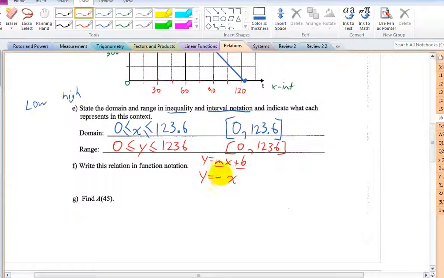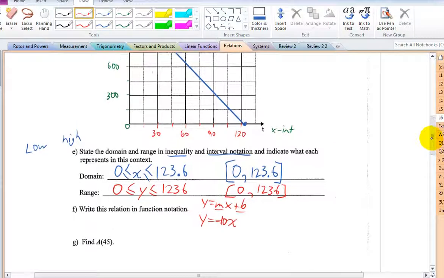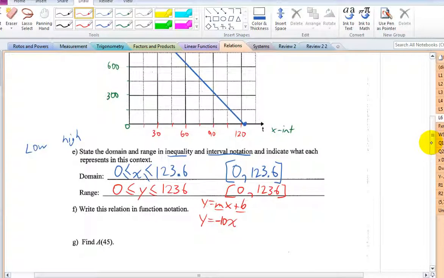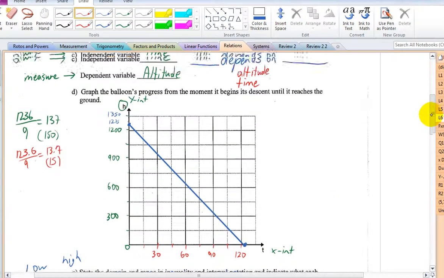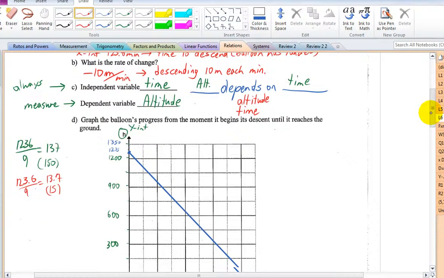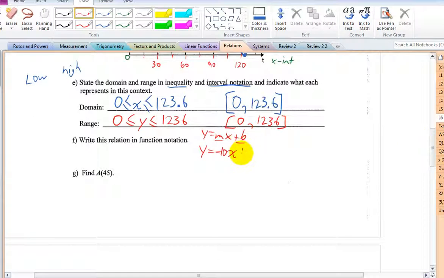Okay. So it's going to be -10x. And what's b? Austin? What's your y-intercept? That's the b. You found it up here. Y-intercept. Yeah. So plus 1236. It's that easy, folks. You already have all the numbers.